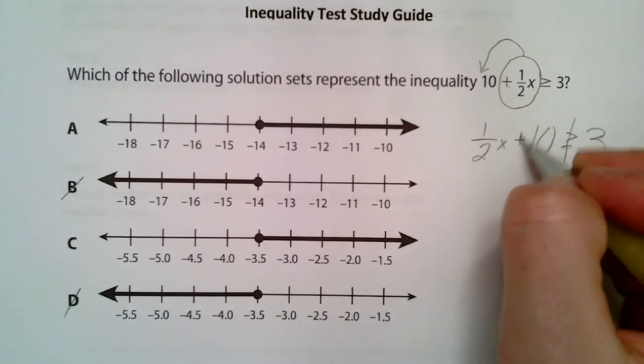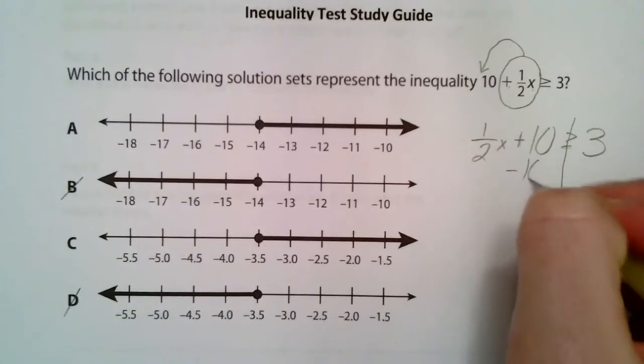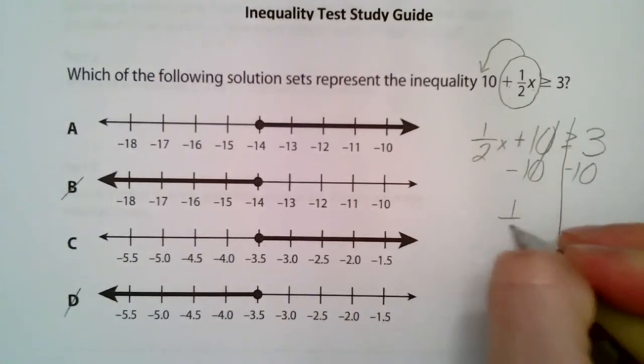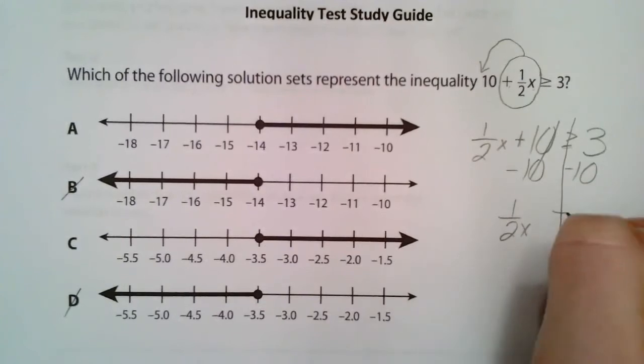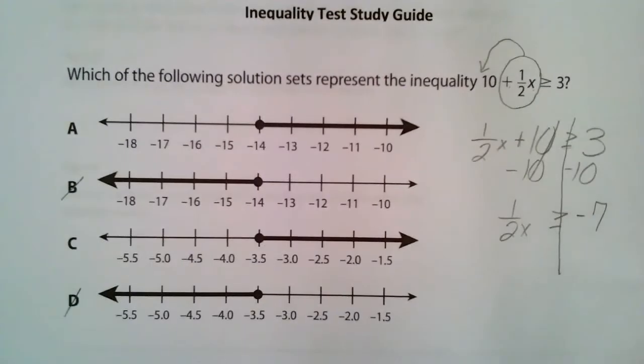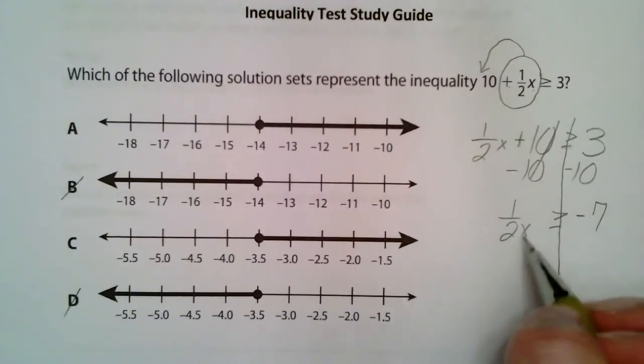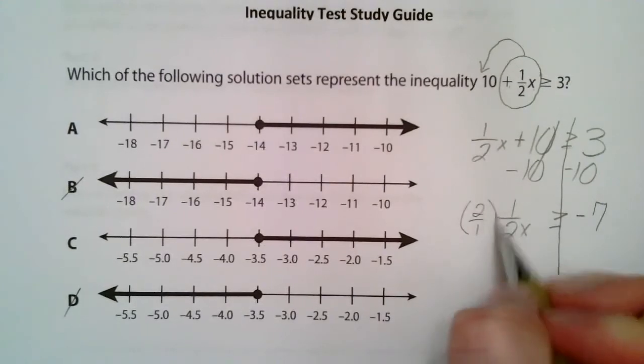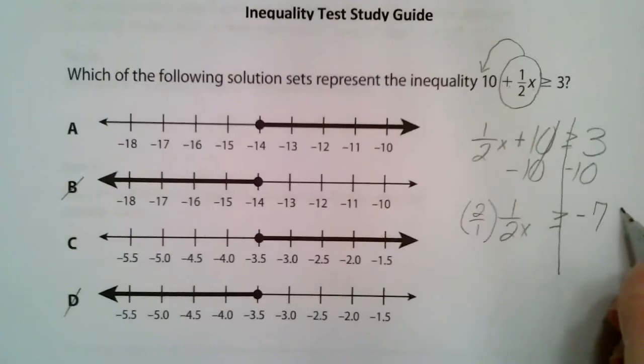So I'm adding 10 in my problem, so I'm going to subtract 10 from both sides. That leaves me with 1 half x is greater than or equal to negative 7. 3 minus 10 is negative 7. But then I'm going to divide each side by 1 half, or since I can't divide by 1 half, I'm going to multiply by its reciprocal, which is 2 over 1.